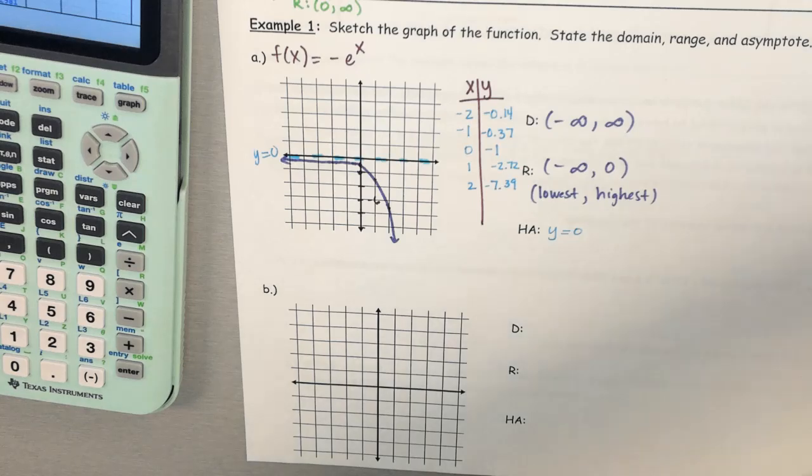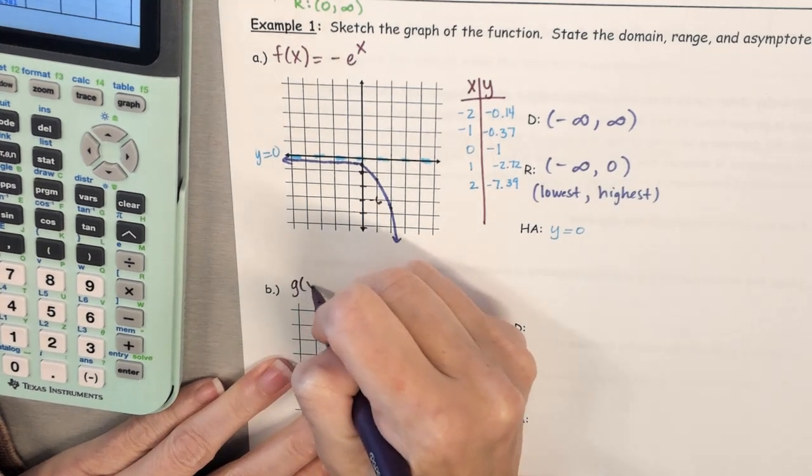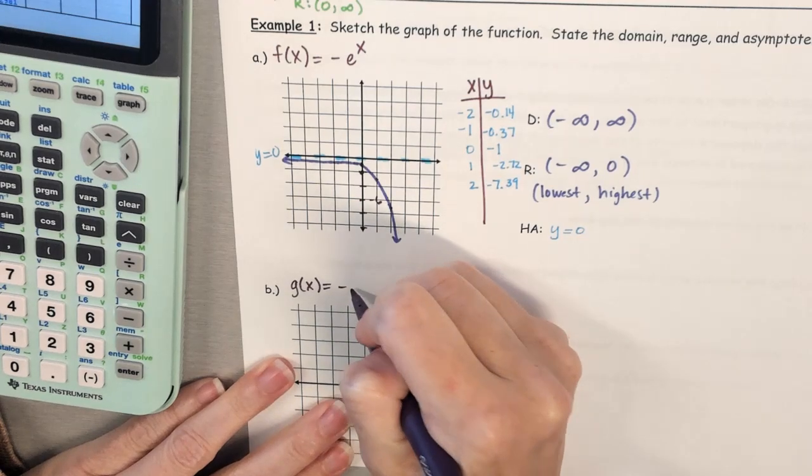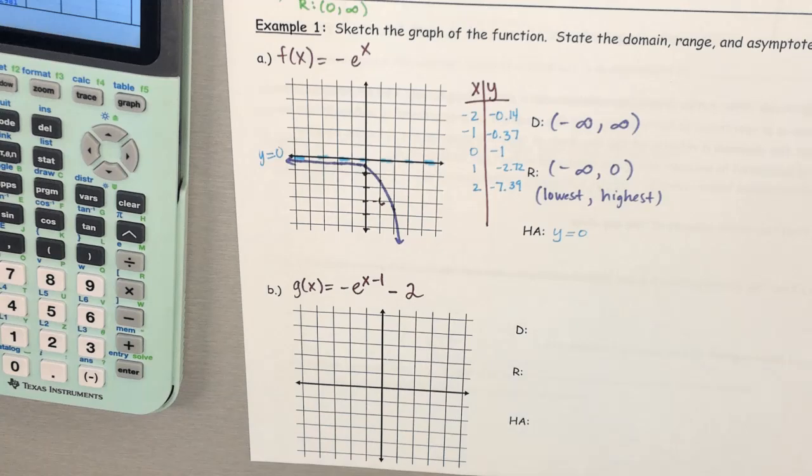All right, and then g of x equals -e to the power of x minus 1, and then this is a big -2.